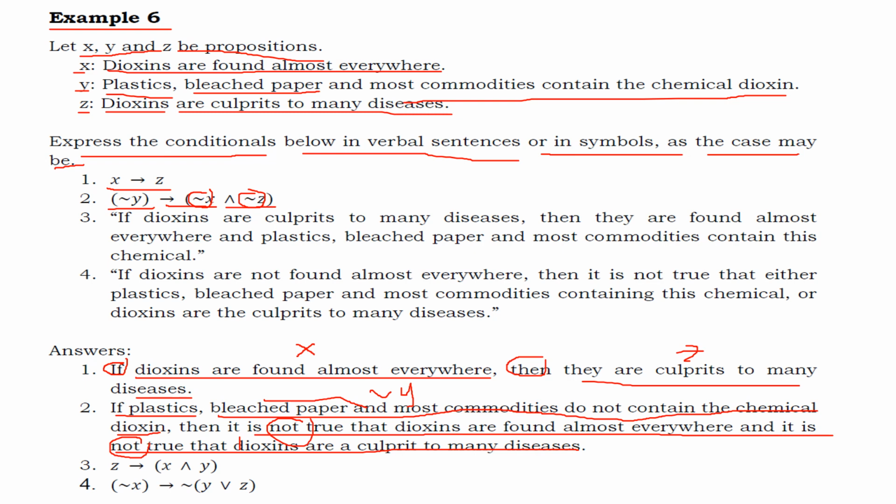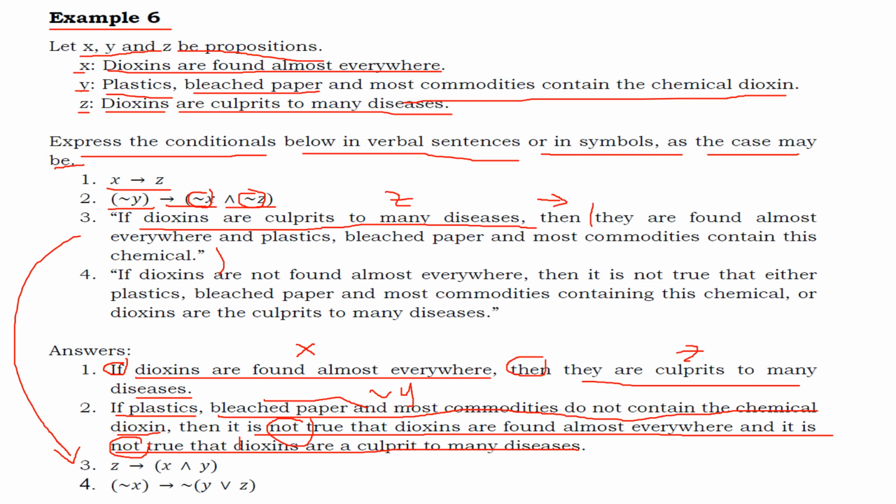Now for number 3, "if dioxins are culprits to many diseases," that will be your Z. The if-then will represent your conditional. "They are found almost everywhere." We apply parentheses so you can visualize the symbols more.